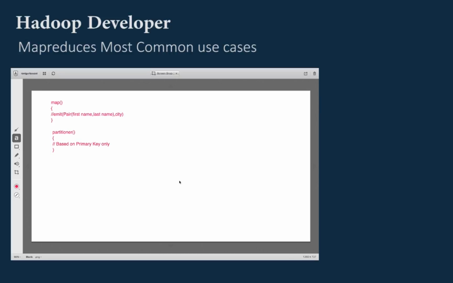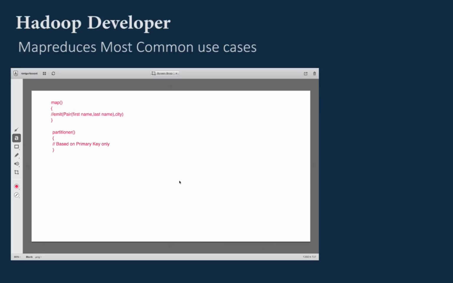There is absolutely no need to use the secondary key, because with partitioning what we are trying to achieve is that the same keys should go to the same reducer.